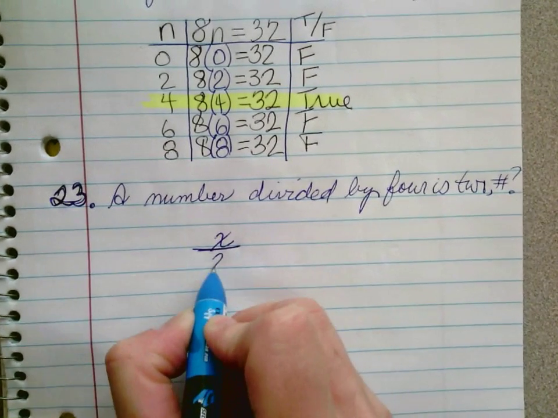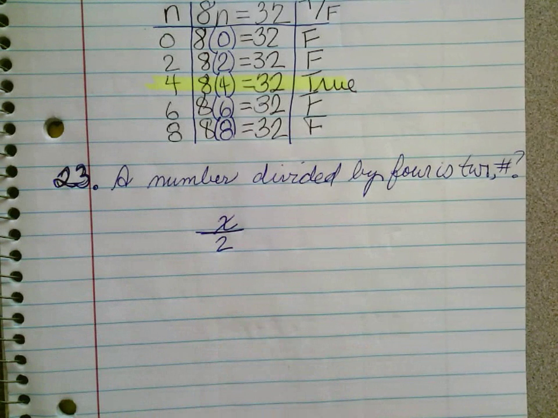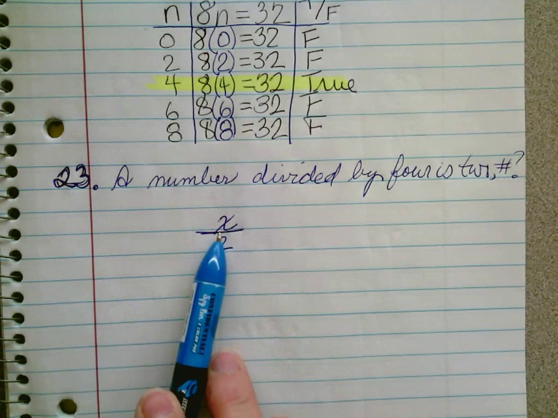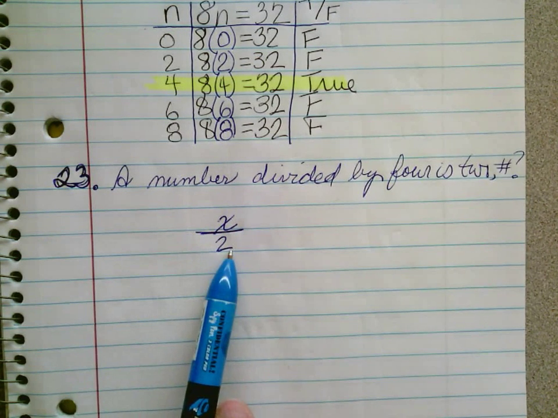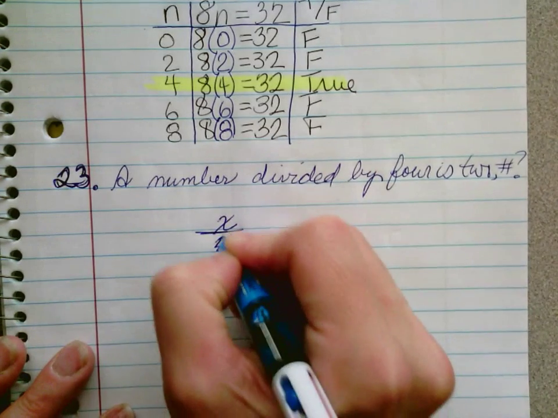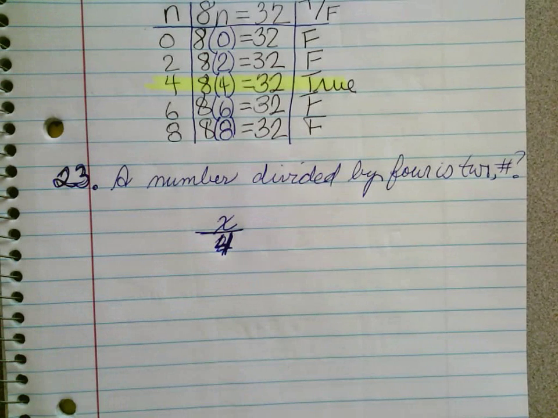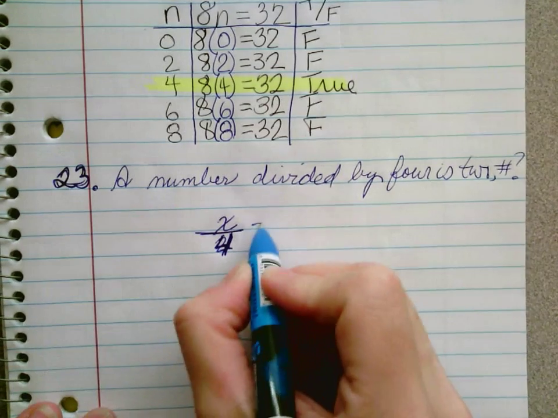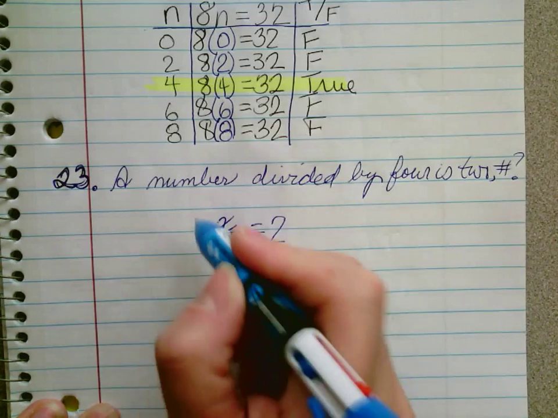We're using the division bar. Because once you're in algebra, they stop doing that. They don't draw that symbol very much. So you're going to see this. You won't see a division symbol anymore. A number divided by 4 is 2. How would I indicate is 2, Eli? Equals 2. Good, he's right. He has just given us our equation.